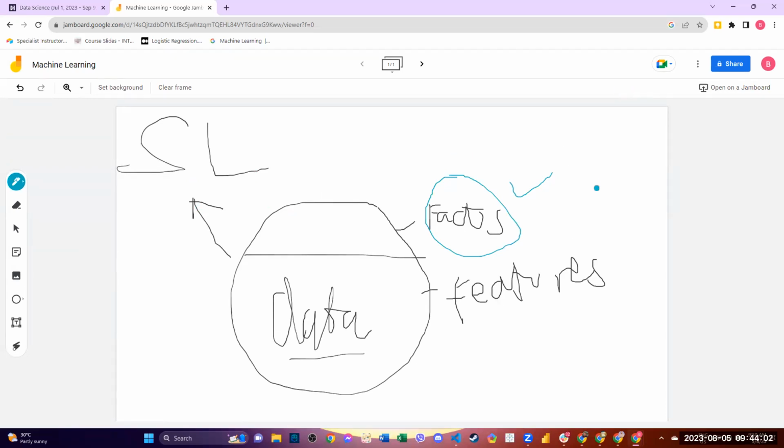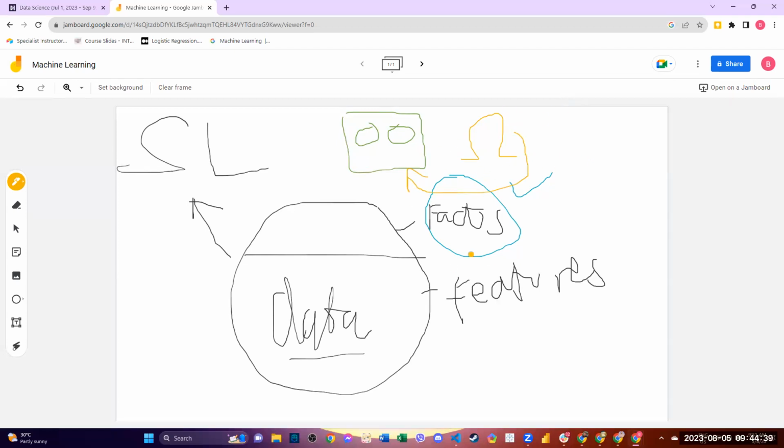So let's say there are two entities, the person and the machine. The machine is something like this, and this is the person. The person tries to be a supervisor to the robot or the machine.